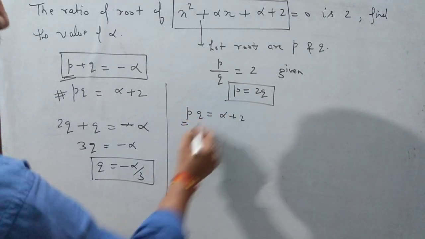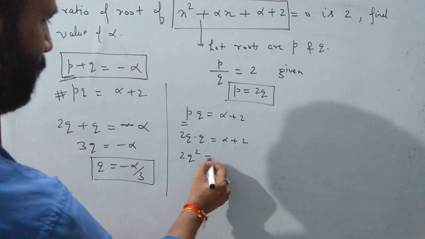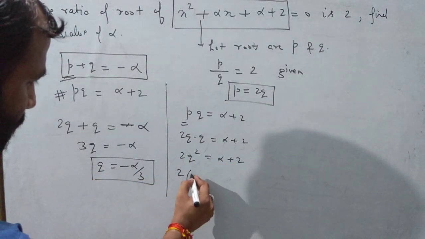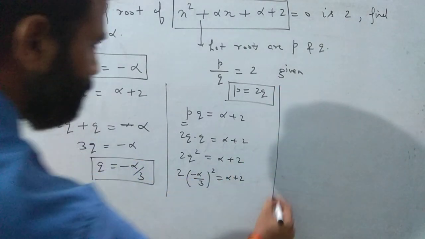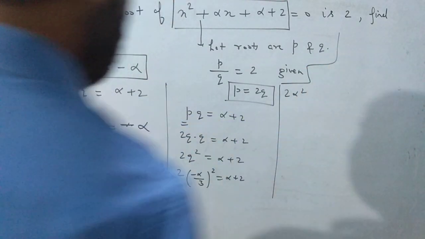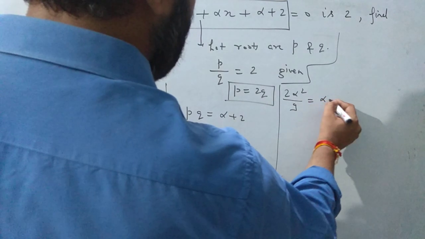In place of p writing 2q into q is equal to alpha plus 2. So 2q square is alpha plus 2. Since the value of q is minus alpha by 3, it is 2 times minus alpha by 3 whole square is equal to alpha plus 2. So it becomes 2 alpha square upon 9 is equal to alpha plus 2.